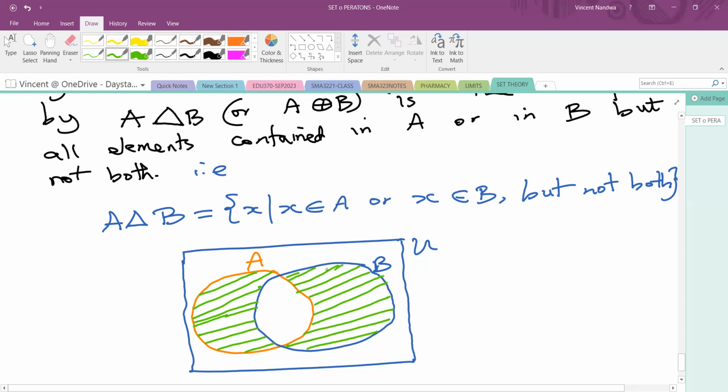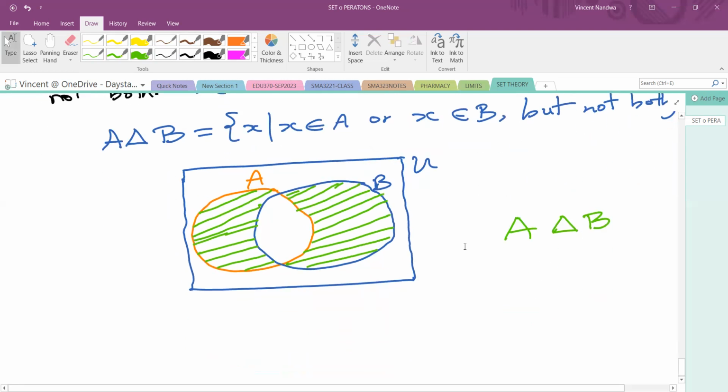So the shaded part is what we call the symmetric difference of A and B. You are either in A or in B, but you shouldn't be counted to be in both sets.